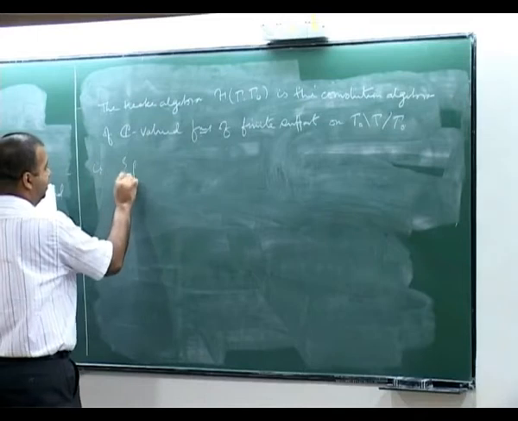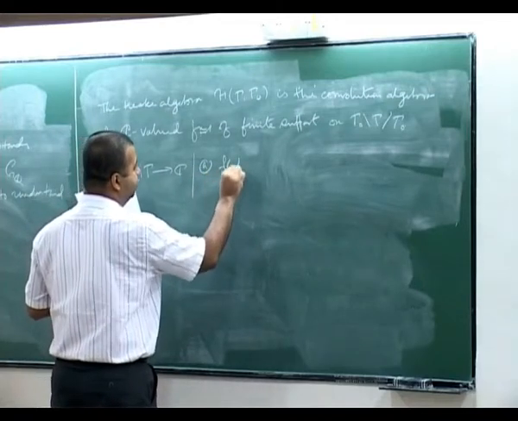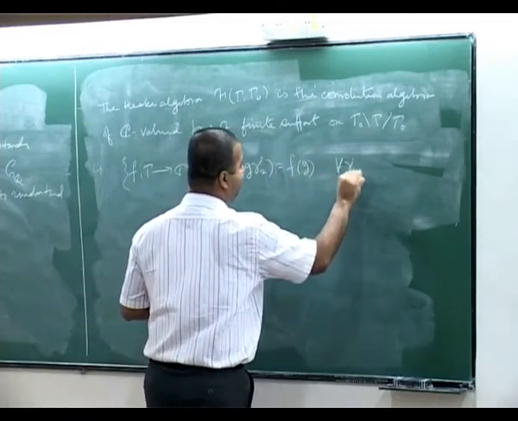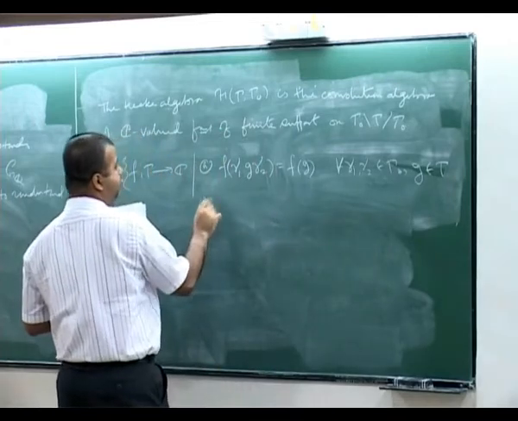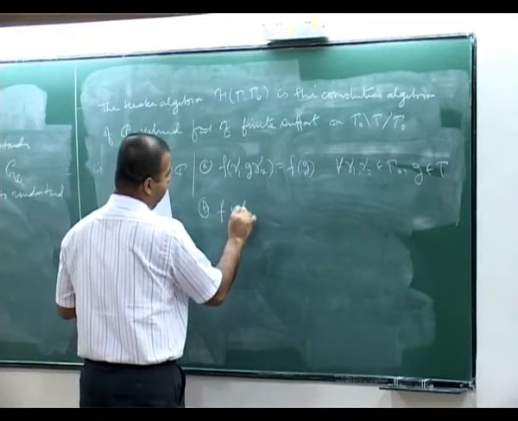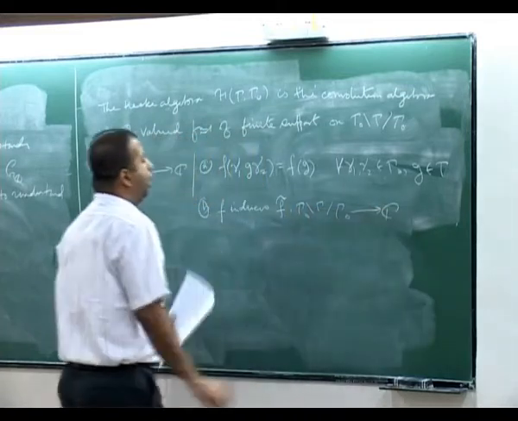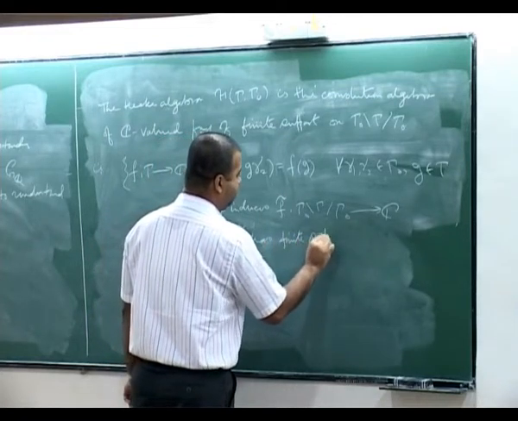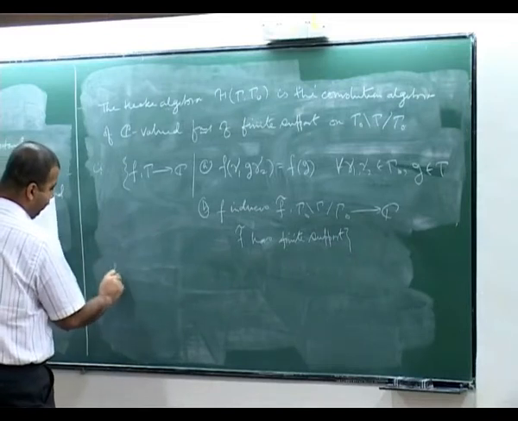That is, we consider functions f from gamma to C such that f is bi-invariant, and therefore f will induce a function f tilde, and f tilde has finite support. On this algebra, you define a multiplication law.